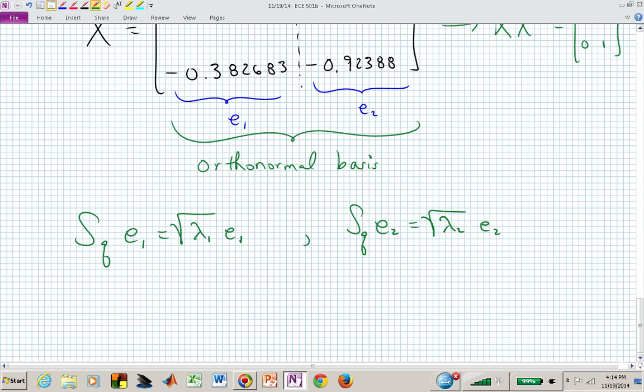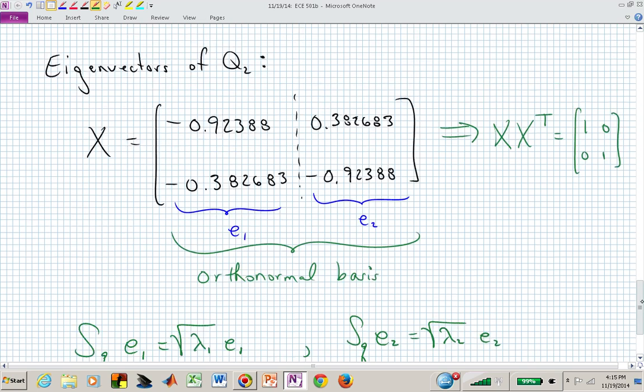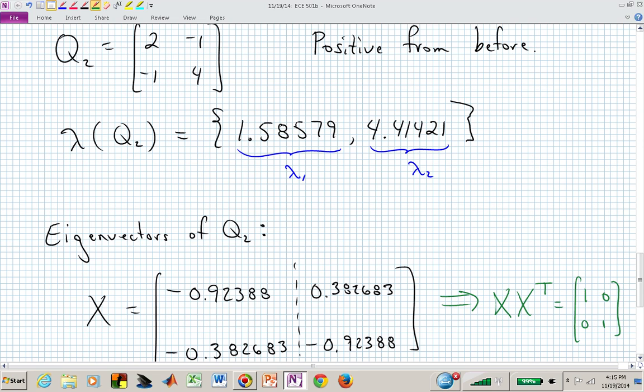If I apply S sub q to E1, and it gives me a scaled version of E1, then E1 is invariant under this map, and so is E sub 2. Or you could think of these as eigenvalue-eigenvector relationships, where the eigenvalue now is a different positive number. It's just the positive square root of lambda sub 1, and lambda sub 1 was the eigenvalue of Q sub 2. Remember, we're trying to build up the square root of Q sub 2.